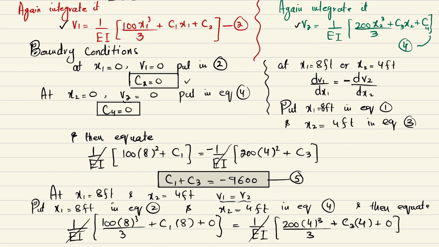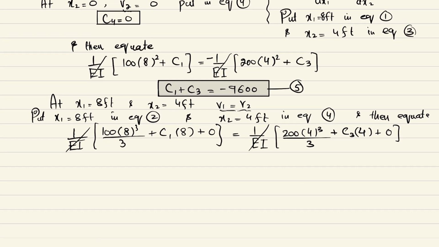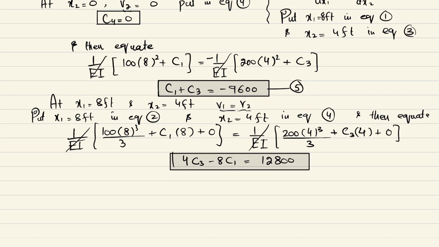This will cancel with this, and after solving this, you will get 4 times C3 minus 8 C1 is equal to 12,800. So this is your equation number 6.